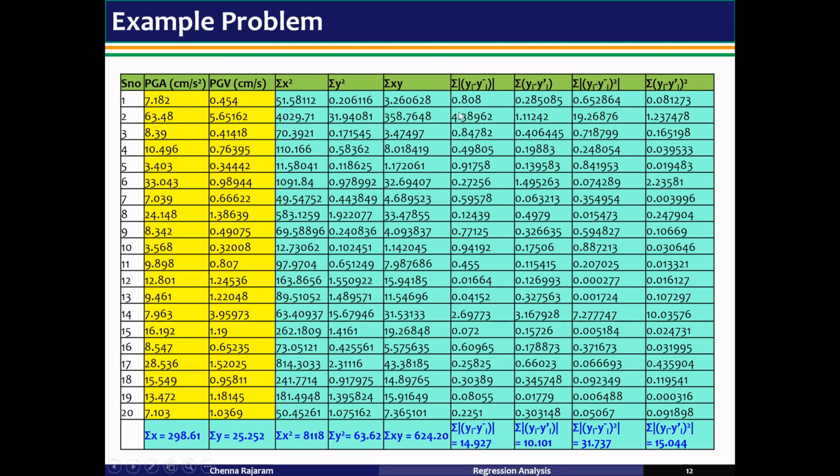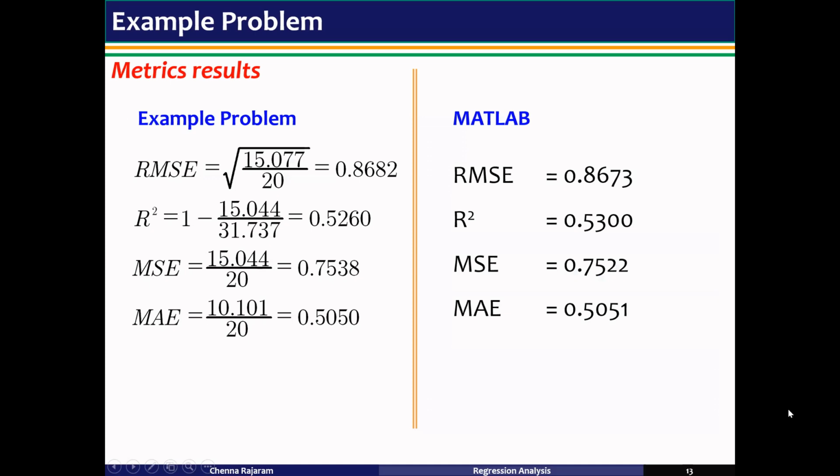The extension of the problem is for calculating the performance metrics. The calculations are here, you can see. The results obtained from the example problem are RMSE is equal to 0.8682, R square is equal to 0.526, MSE 0.7538, MAE is 0.505.